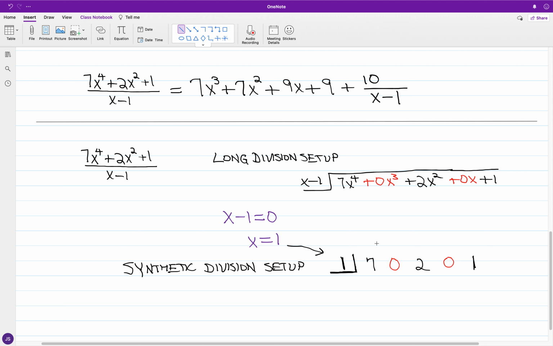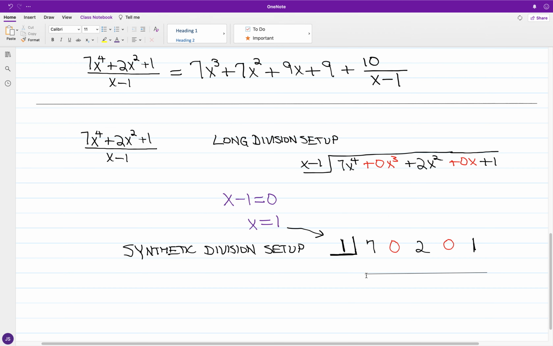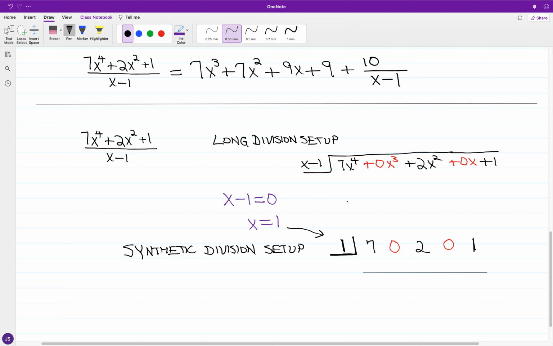Now where long division involves row by row subtracting, synthetic division, on the other hand, involves column by column addition. To initiate synthetic division, you look at the dividend. The first coefficient is 7, in reference to 7x to the 4th. For the leading coefficient, we initiate by bringing this down.